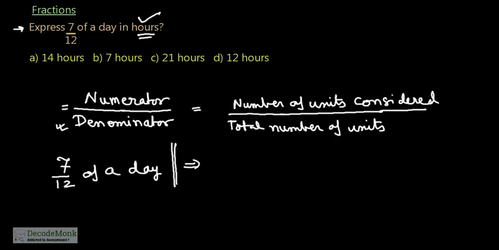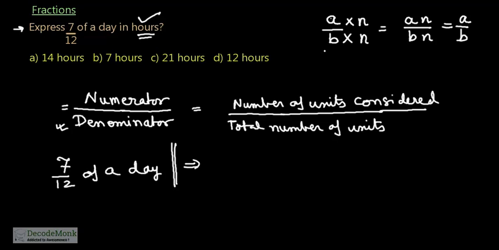And you should also know that for a fraction, suppose a by b is a fraction, if we multiply the denominator by any number n, then we have to multiply the numerator also by n. Then we can say that a multiplied by n by b multiplied by n is the same as a by b.